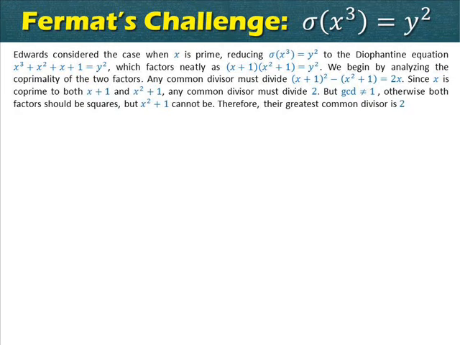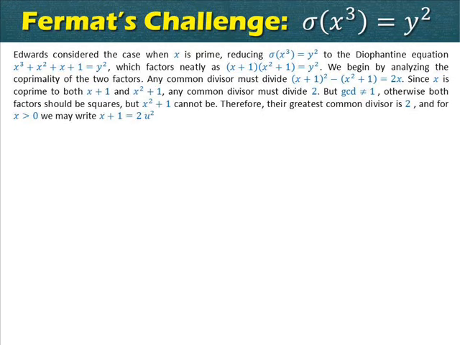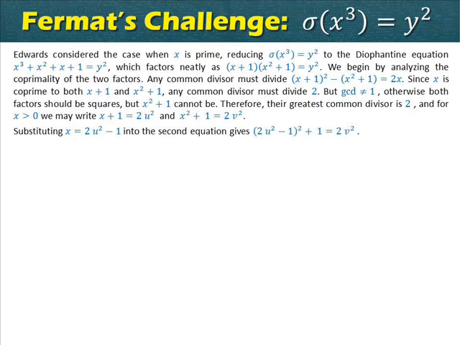Therefore, the greatest common divisor is 2, and for x bigger than 0, we may write x plus 1 equals 2u squared, and x squared plus 1 equals 2v squared. Substituting x into the second equation gives the square of (2u squared minus 1) plus 1 equals 2v squared.